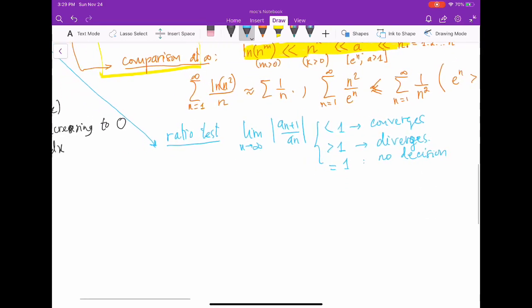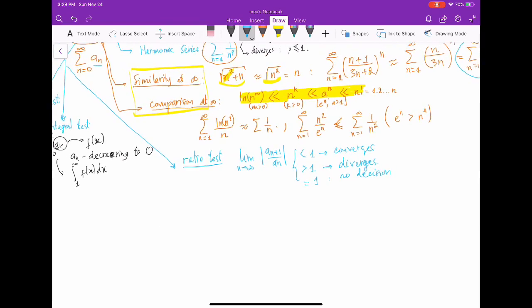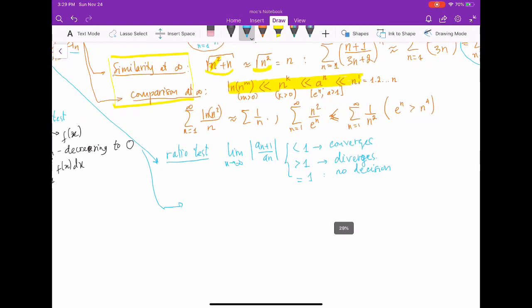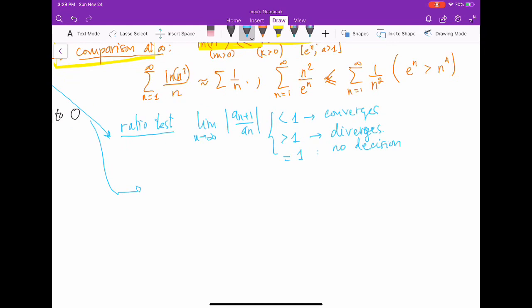And another important one is right here, the root test. So instead of considering the ratio, we consider the nth root of the absolute value of a_n as n approaches infinity.